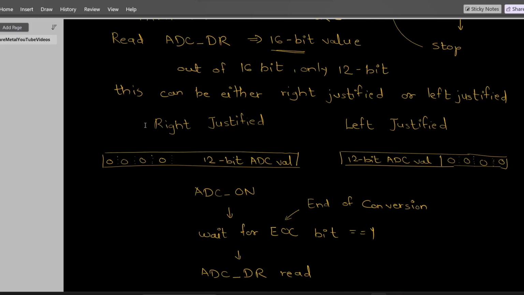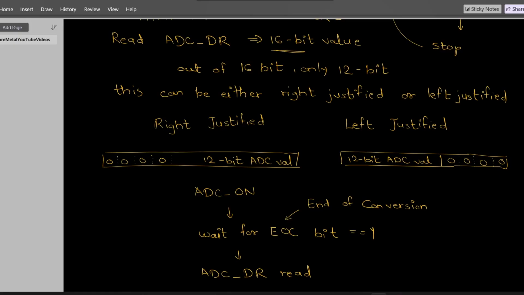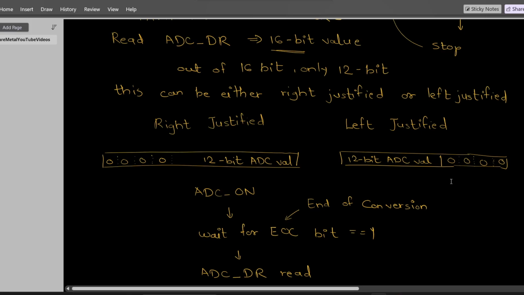Any register of the STM controller is 16 bits, correct? But our ADC value is 12 bits. So either the leftmost bits can be 0 or the rightmost bits can be 0. The most significant nibble can be 0, or the least significant nibble can be 0.